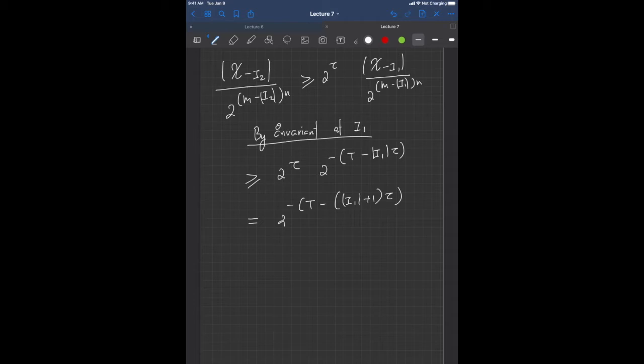This tau would go inside as a minus in height, so there's a minus here and a minus here that cancels out. That's a plus tau. So if you bring that tau inside, you'd get 2 to the minus t plus I1 plus 1 tau. But what is this? This is nothing but cardinality of I2. So we get that this is exactly 2 to the minus t times cardinality I2 by tau.